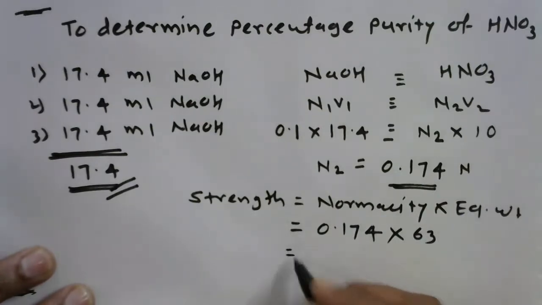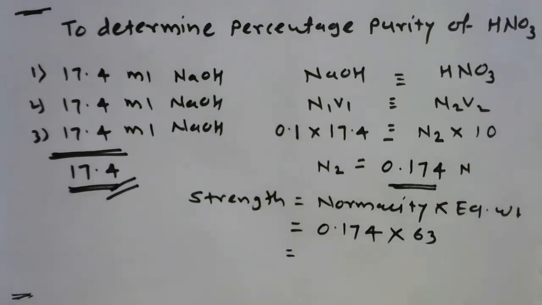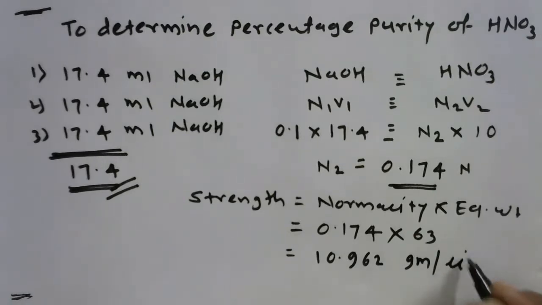Therefore, the strength of the prepared solution will become 0.174 into 63. So the strength will be 10.962, and its unit is gram per liter.